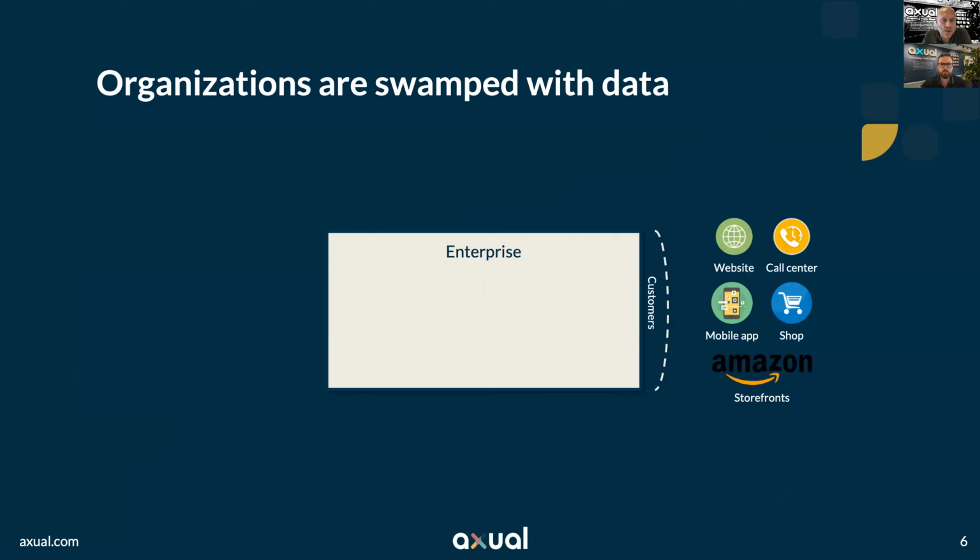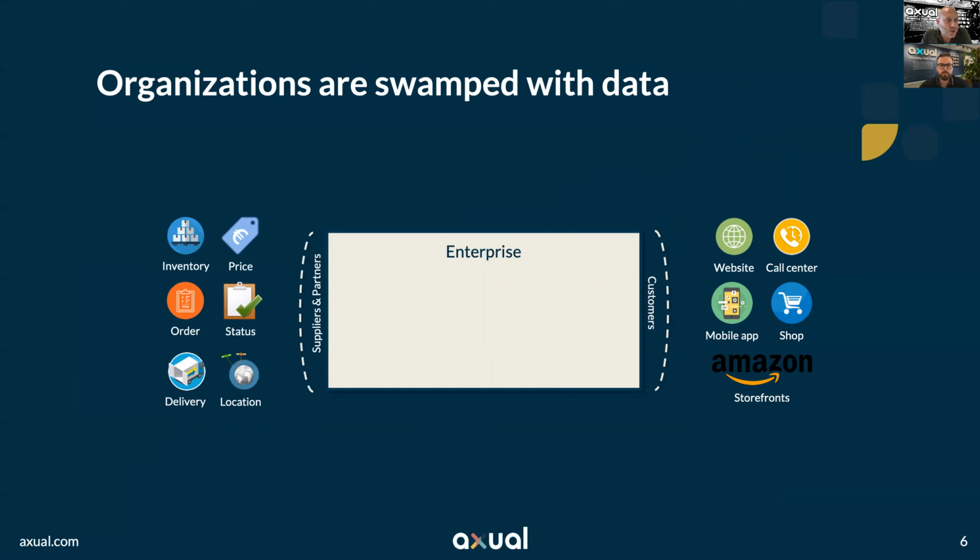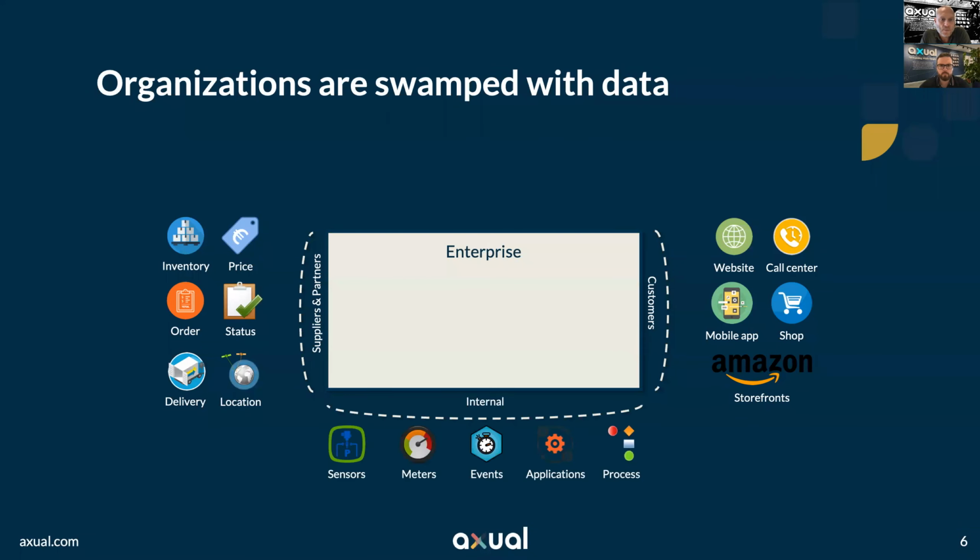So think of the customers sending them information through websites, mobile apps, shops, storefronts, etc. But there's also suppliers and business partners that send information about status updates, delivery updates, location, pricing updates, all kinds of things that you can imagine a supplier sending to you on a continuous basis.